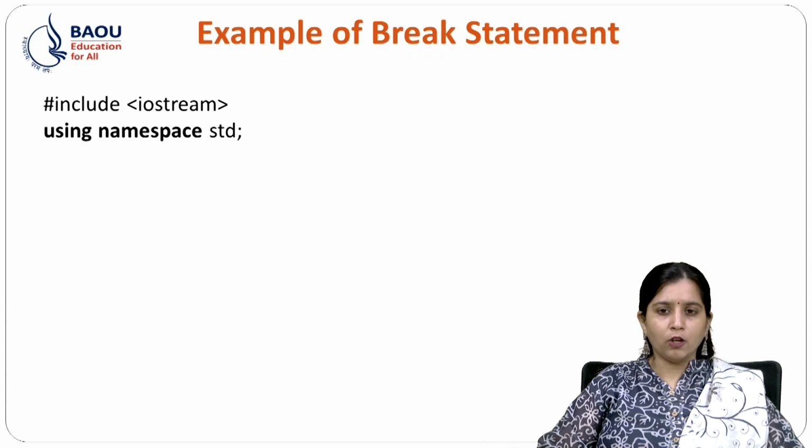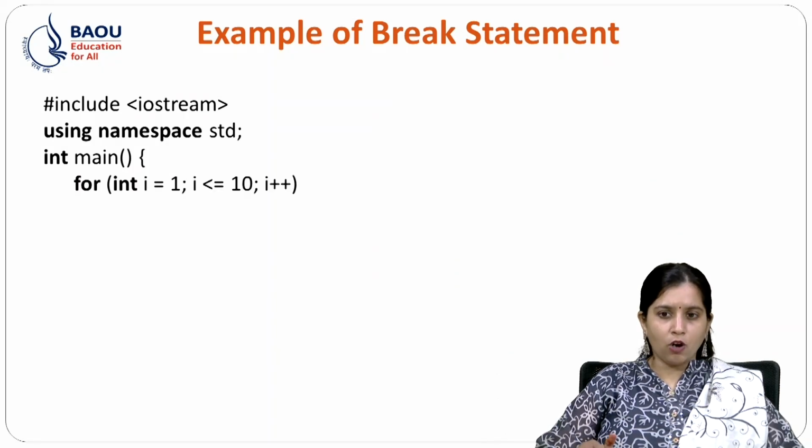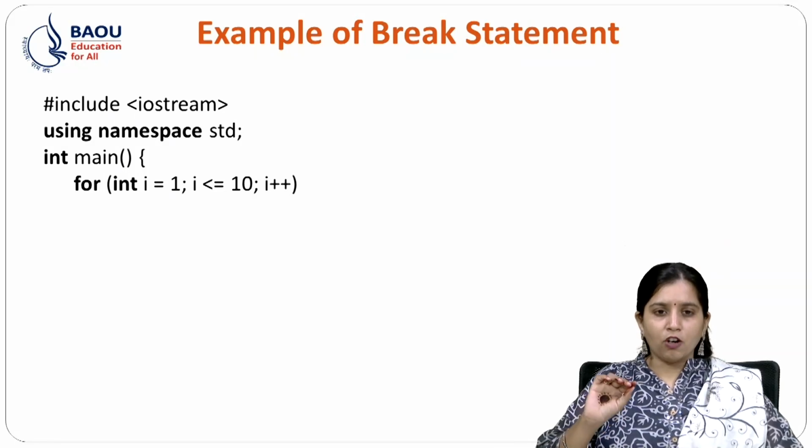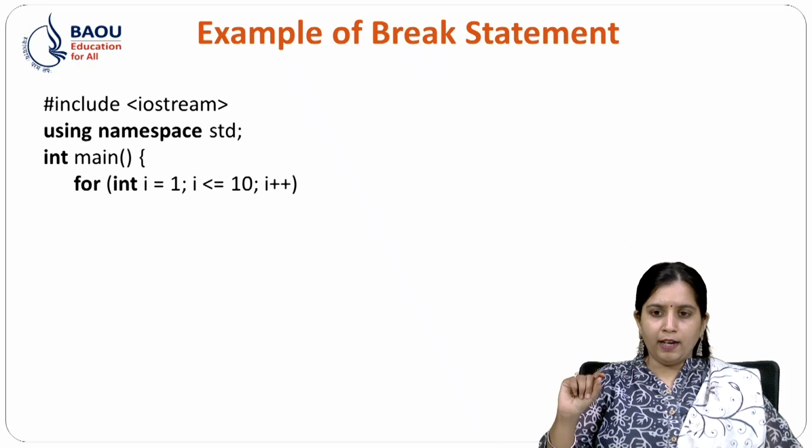First of all, we will include iostream. After that, using namespace std, in int main we have initialized one for loop, that is i = 1, i <= 10 and i++. What this statement will do: first we initialize our i with value 1. After that, we have given a condition that this for loop iterates from 1 to 10.